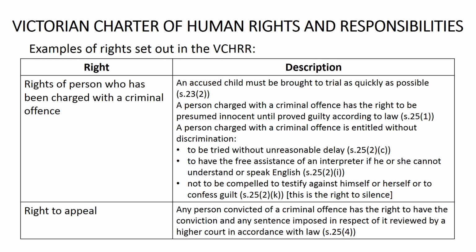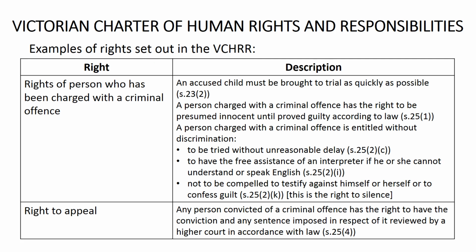The final example that I've set out here as a right which is contained in the Victorian Charter of Human Rights and Responsibilities is the right to appeal. Under this right, any person who is convicted of a criminal offence has the right to have their conviction and any sentence imposed on them reviewed by a higher court.